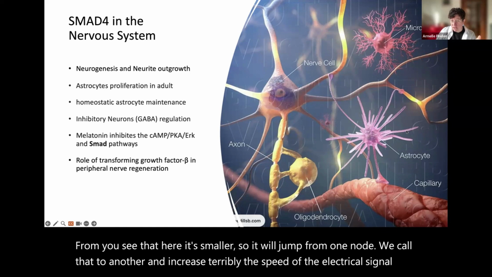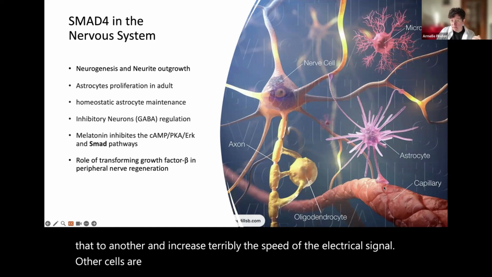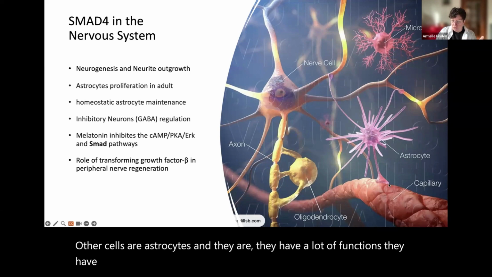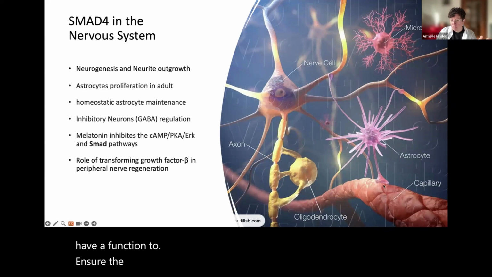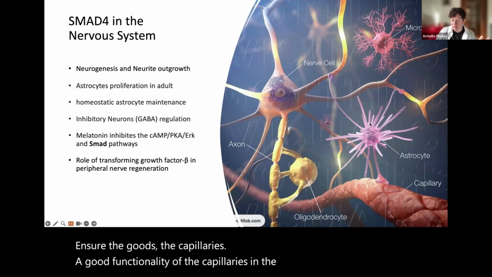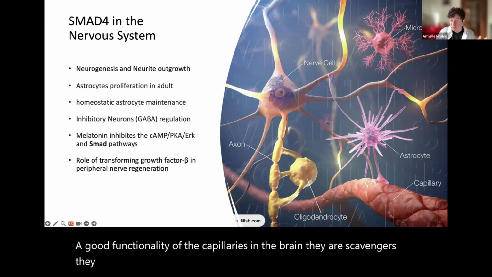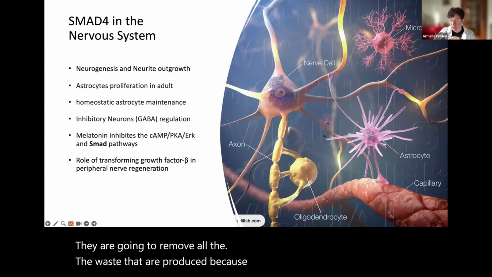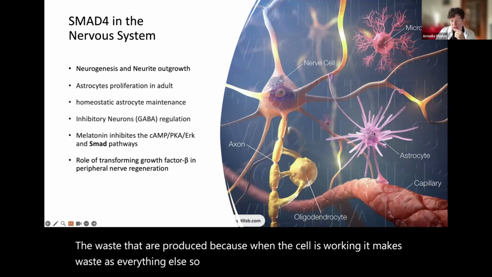Other cells are astrocytes, and they have a lot of functions. They ensure good functionality of the capillaries in the brain. They are scavengers: they remove all the waste that is produced, because when a cell is working, it makes waste like everything else.